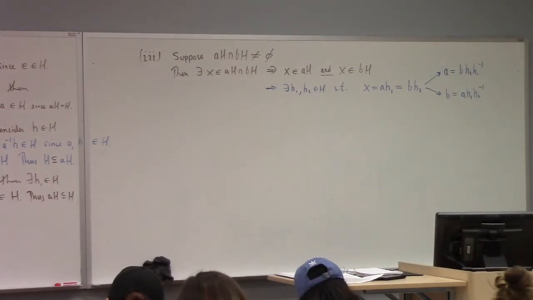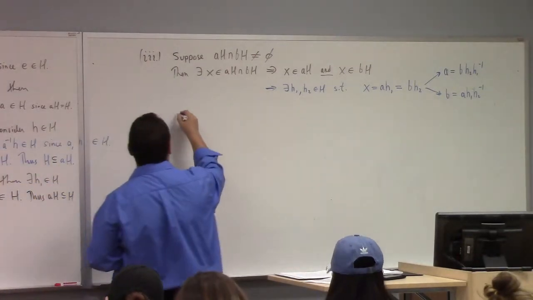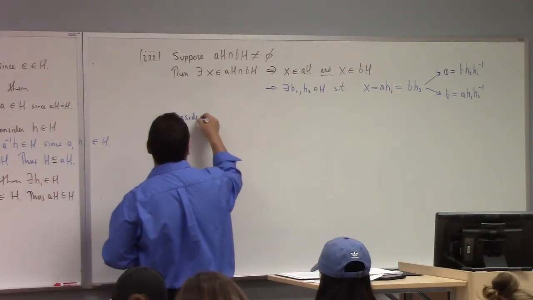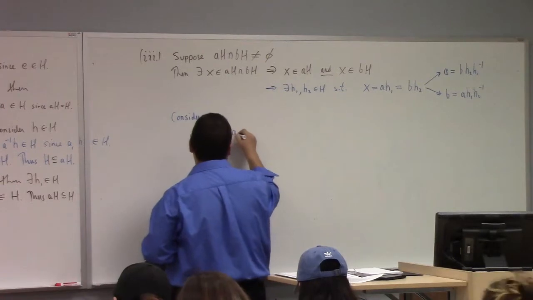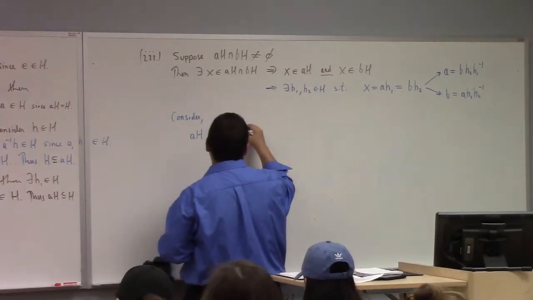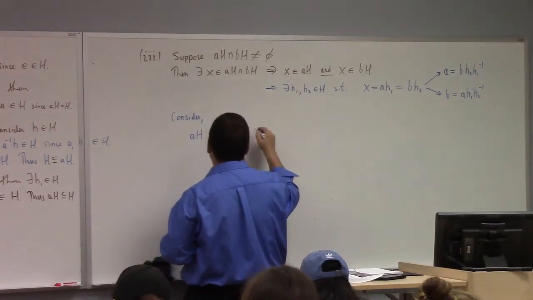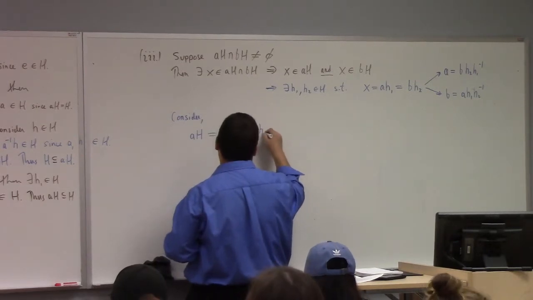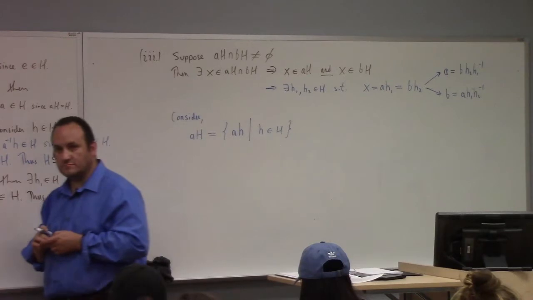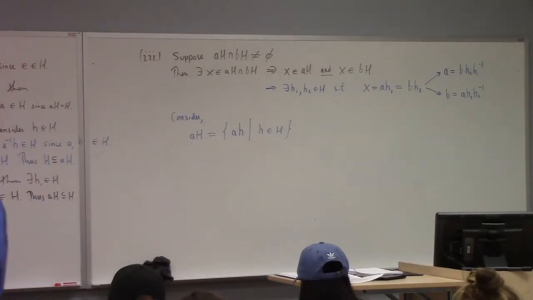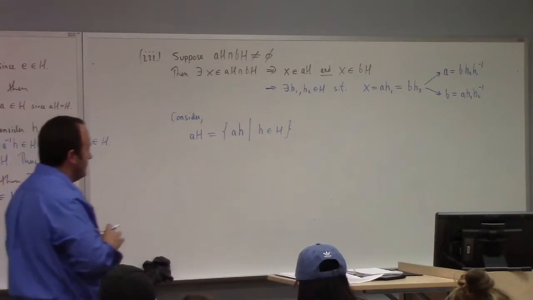Let's see if that's true. Let's write it down. So if we look at AH, what is that by definition? That is A H, such that H is an element of H. And what is A equal to?